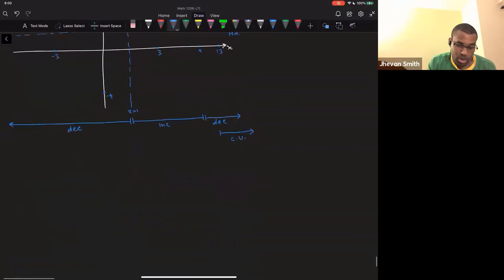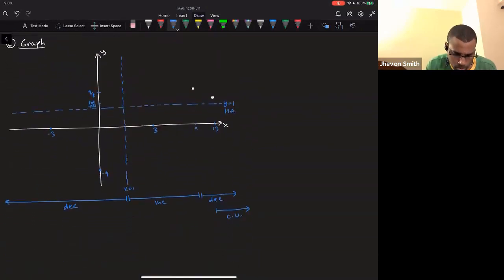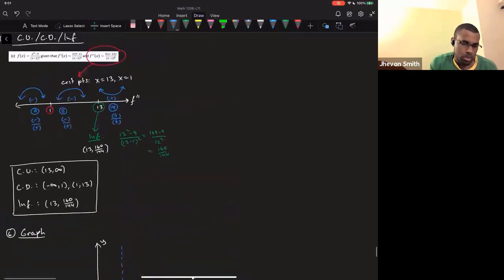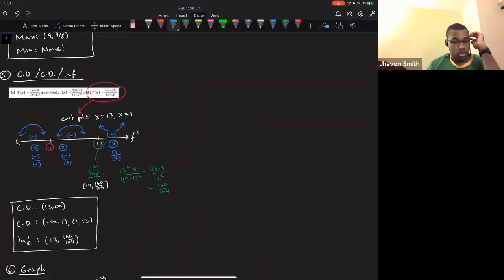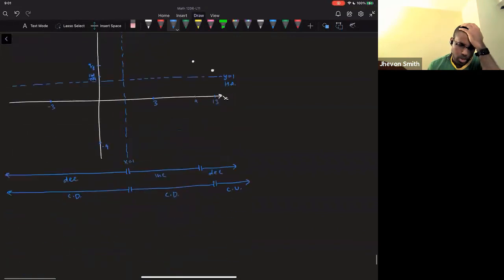And we're concave down pretty much everywhere else, it looks like. We stop at 1. I think we put in everything.